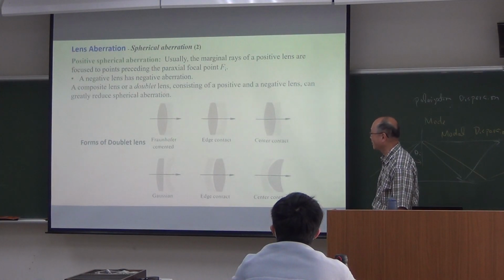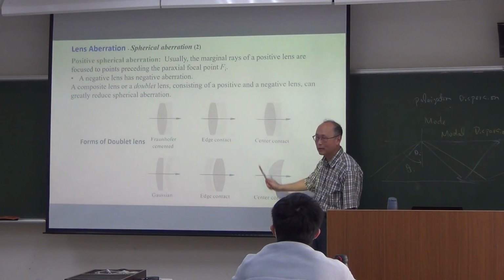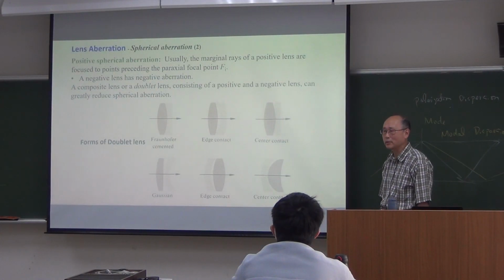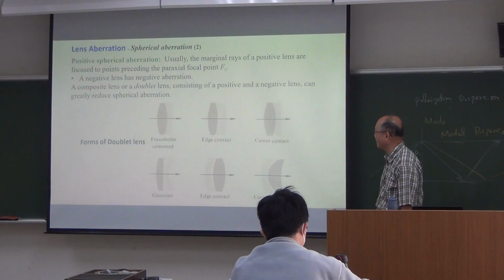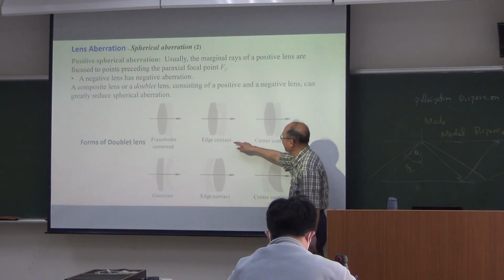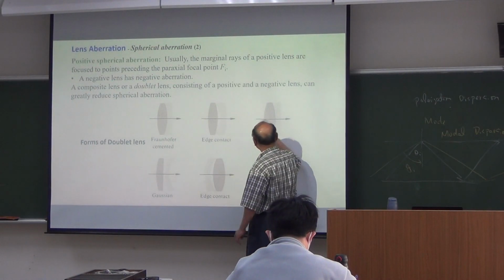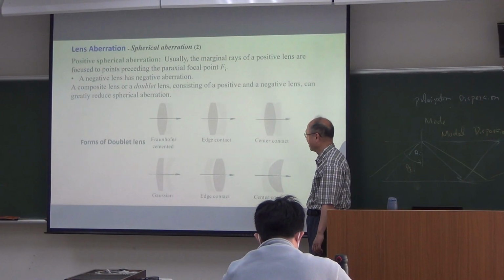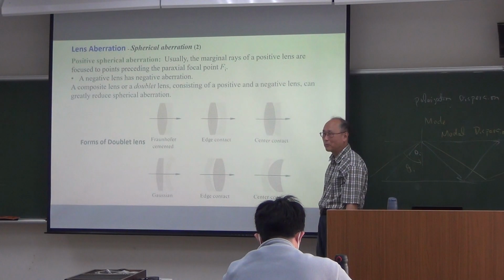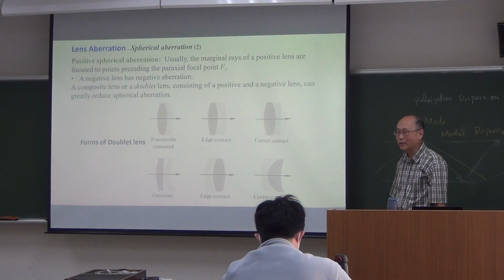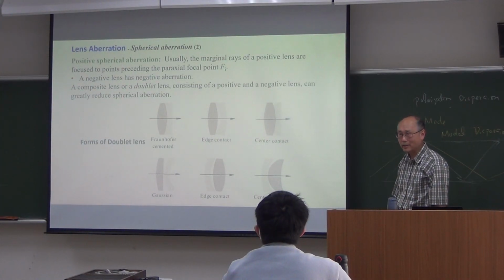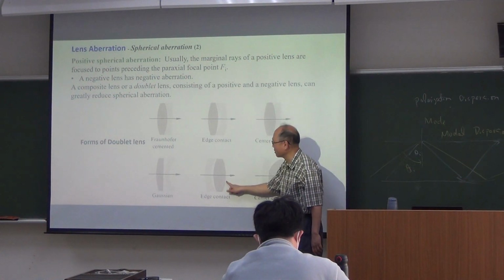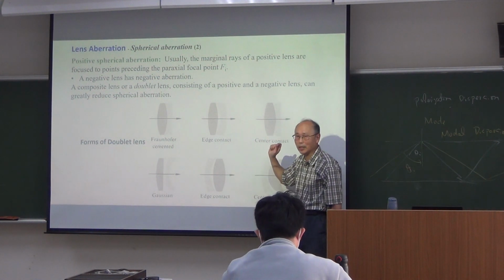Your textbook shows you different kinds of contact, but this is engineering, so you can just appreciate it by reading through it. You can have edge contact, or cross-center contact, for example, and in the market you can buy different kinds of double lenses to reduce the aberration, even though this is a spherical surface.